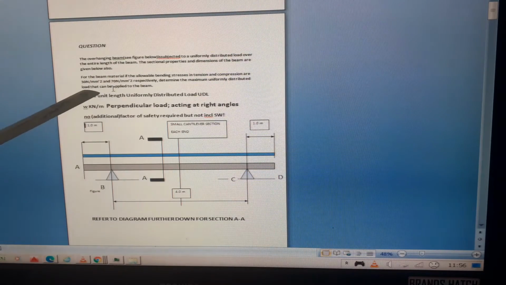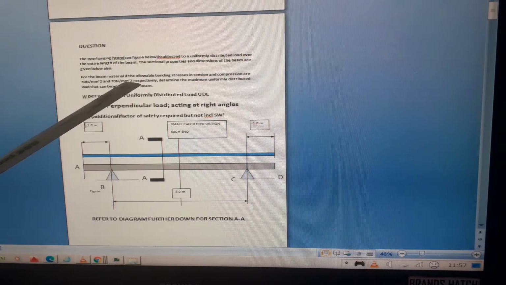A quick note about this question. It says the stresses allowable in tension and compression are 30 newtons per millimetre squared and 70 newtons per millimetre squared. Basically this means that in tension it can take 30 newtons per millimetre squared, and in compression it can take 70. This sounds correct for a concrete section, because concrete can take a smaller stress in tension than it can in compression: 30 newtons per millimetre squared in tension, less than 70 in compression.